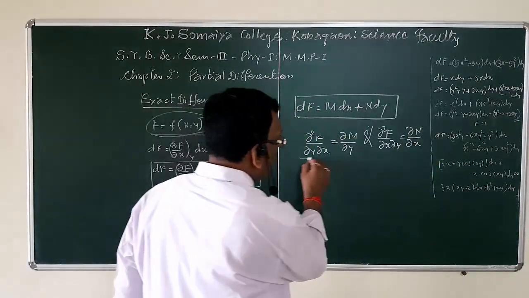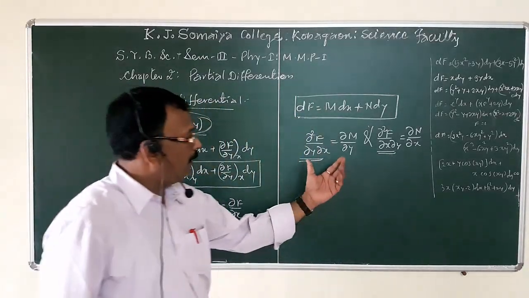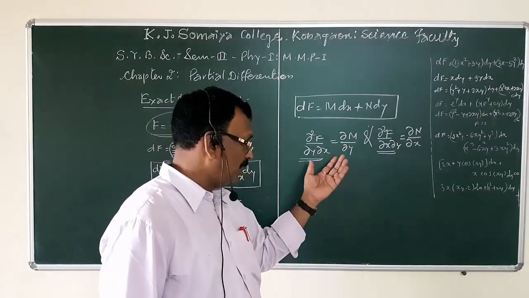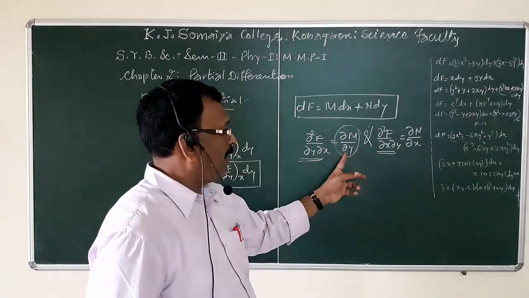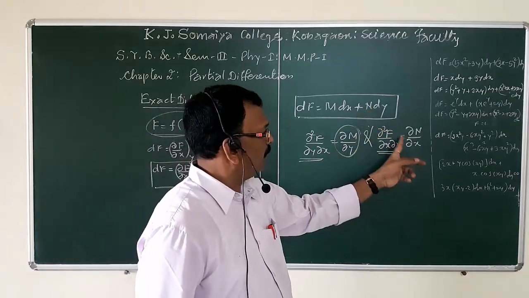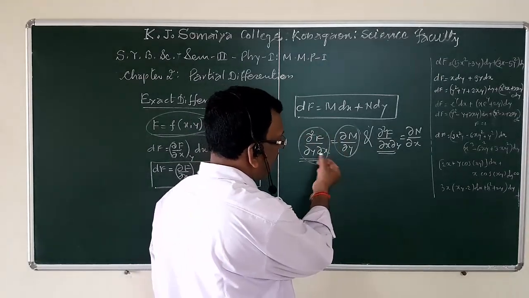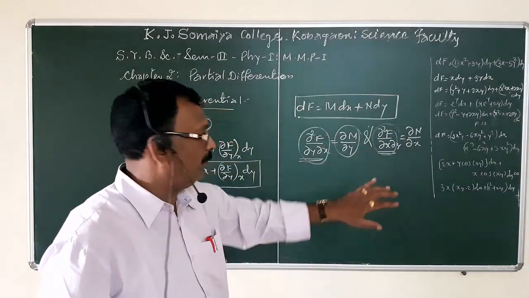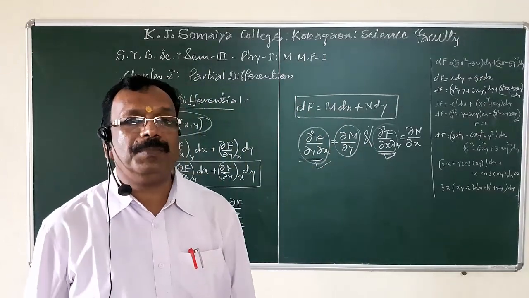These are the second order derivatives of the given function, and these second order derivatives are commutative. Commutative means that differentiation of m with respect to y and differentiation of n with respect to x give the same result, that is del square f by del x del y or del square f by del y del x. Both the results are the same, and hence second order derivatives are commutative.